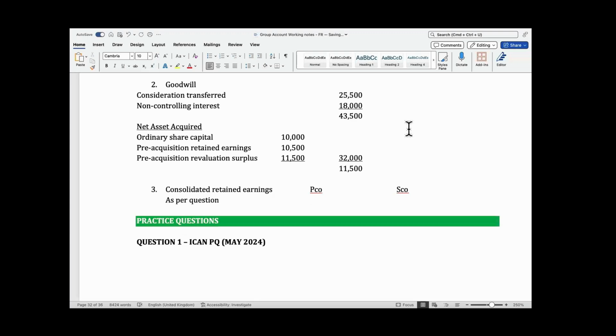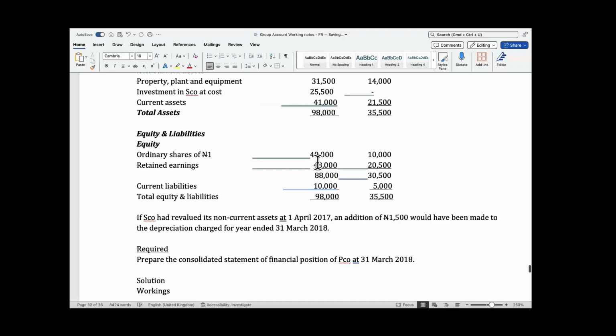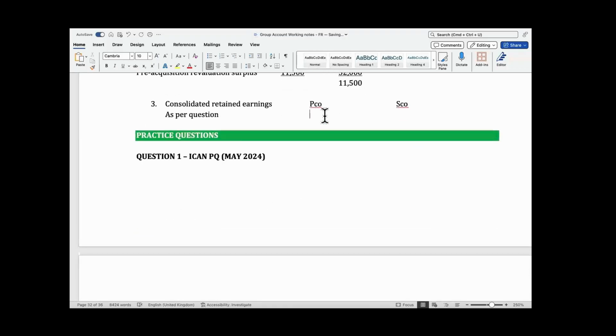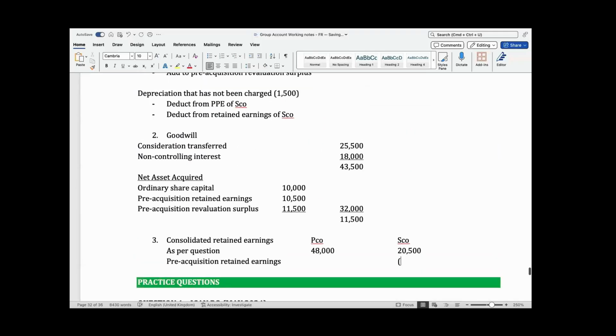As per question, it is 48 and 25. What's the pre-acquisition with 10,500.